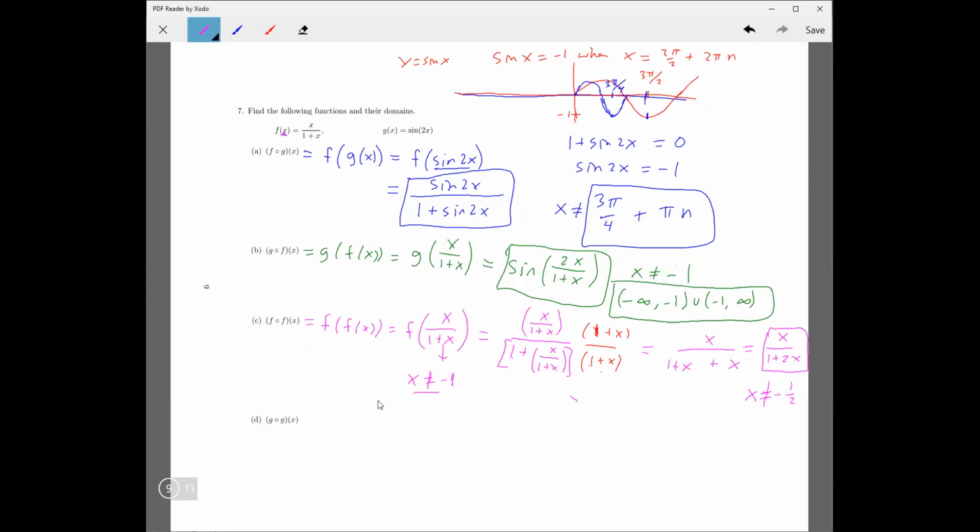So for part C, the answer is going to be like this, for the domain. Okay, great. And that brings us to the very last one.